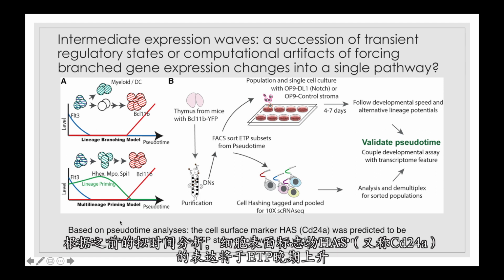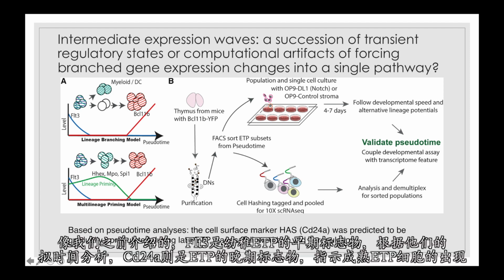Based on their pseudotime analysis, the cell surface marker HAS, which is also called CD24A, was predicted to be gradually upregulated during the late ETP stage. As we have said before, FLT3 is the early marker of the immature ETP.